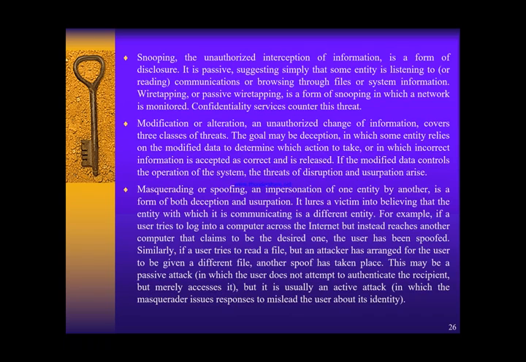Snooping is the unauthorized interception of information, a form of disclosure. It is passive, suggesting simply that some entity is listening to or reading communications, or browsing through files or system information. Wiretapping, or passive wiretapping, is a form of snooping in which a network is monitored. Confidentiality services counter this threat.